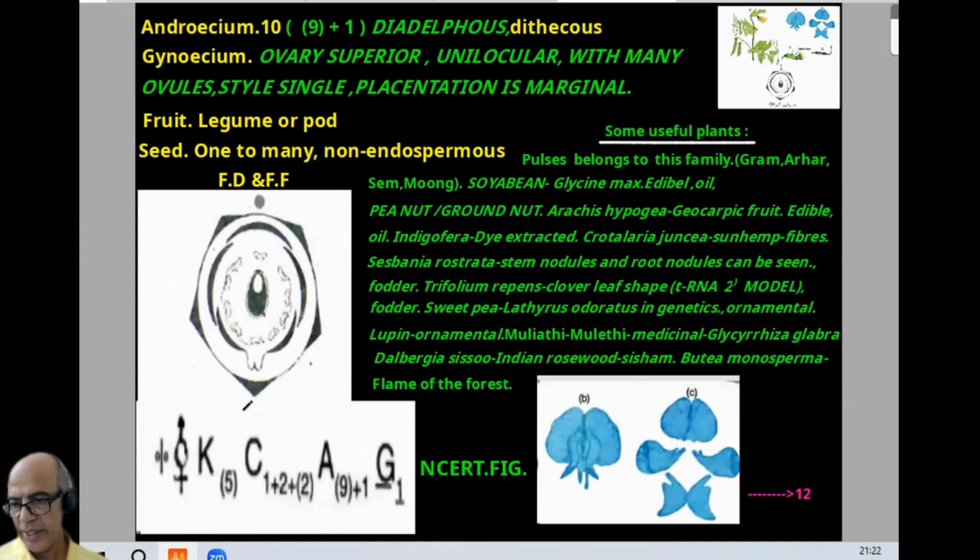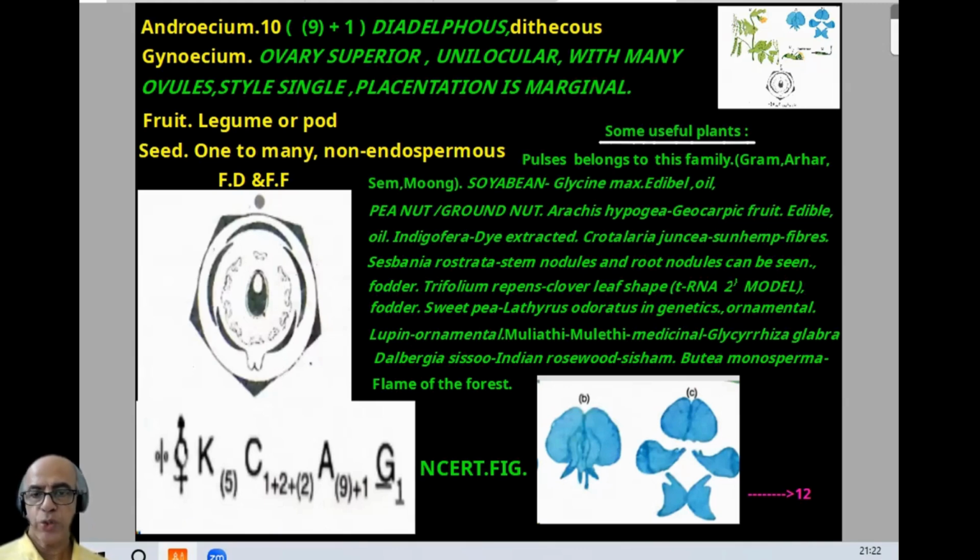This side is the anterior side, this side is the posterior side. I think the idea is clear. So this is the largest one among the petals, towards the posterior side. Now, the formula I told you. Then gynoecium, ovary superior, single. I think the idea is clear. Placentation marginal. Okay.